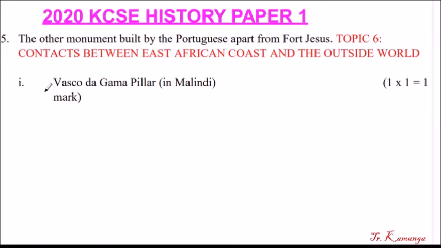So the other monument is Vasco da Gama Pillar, which is in Malindi. But if you just say Vasco da Gama Pillar, that's okay. You don't need to say where it is, but it is good to know where it is. You get 1 mark.